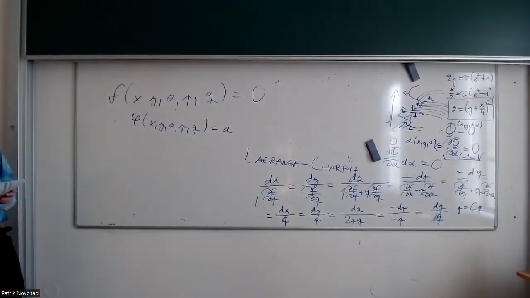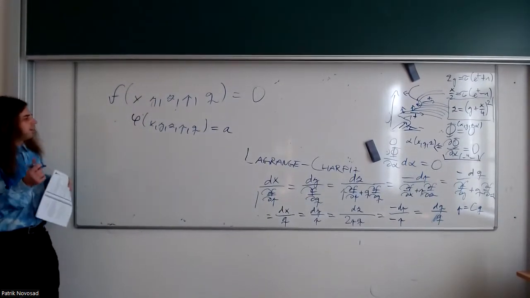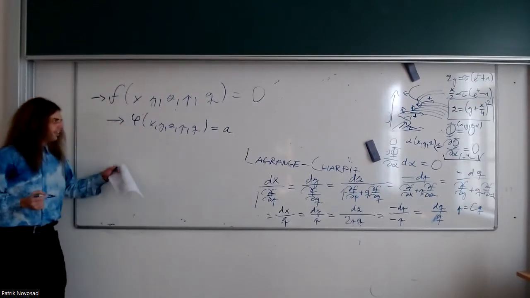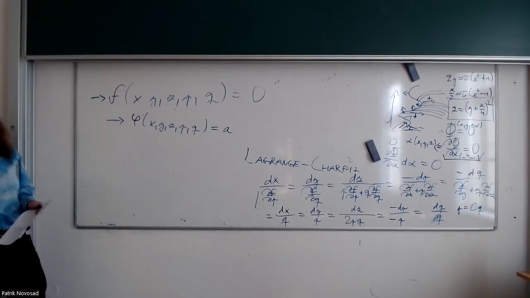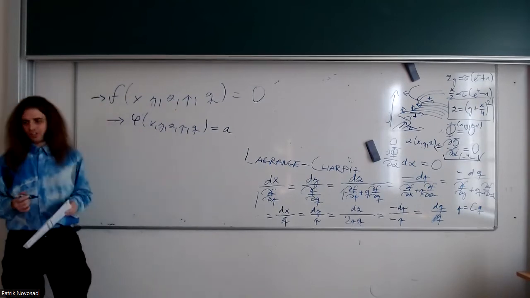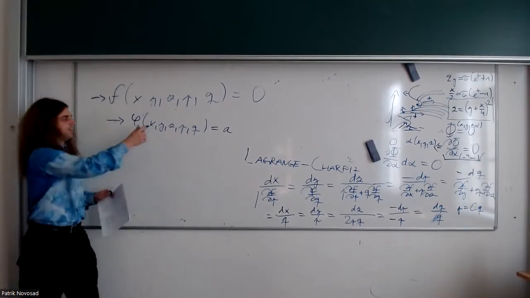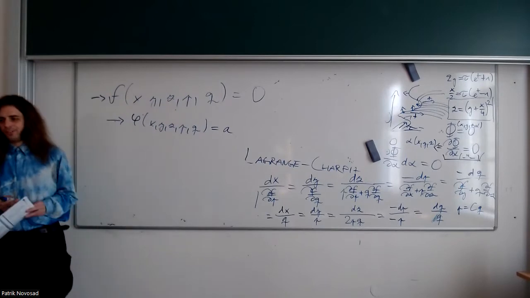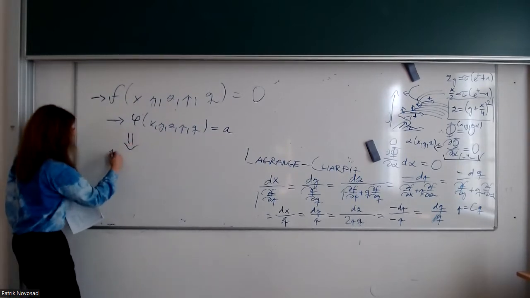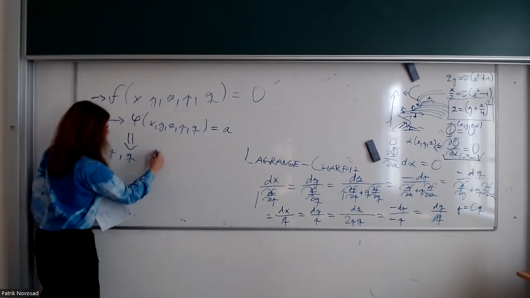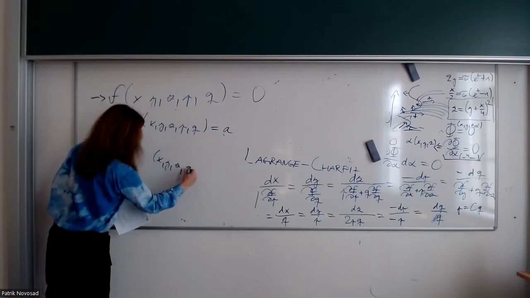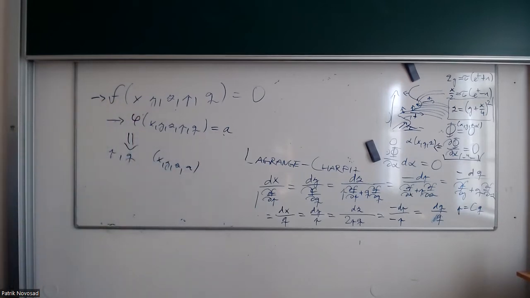But now I can use the equation and the integral that I have just found to express p and q. I will just solve for them, take it as a 2x2 system of equations, and obtain p and q as functions of x, y, z, and this integration constant a.